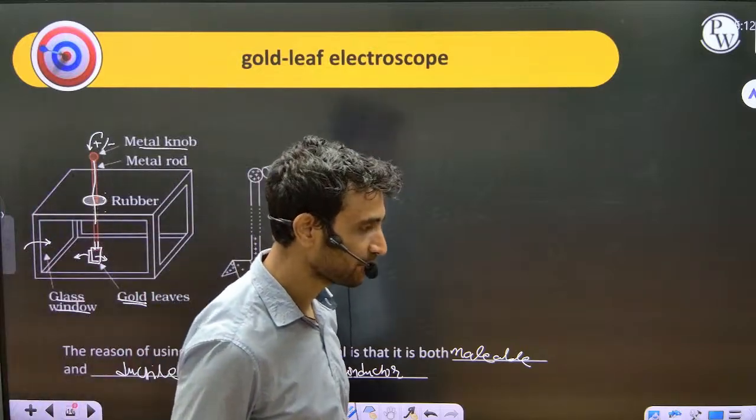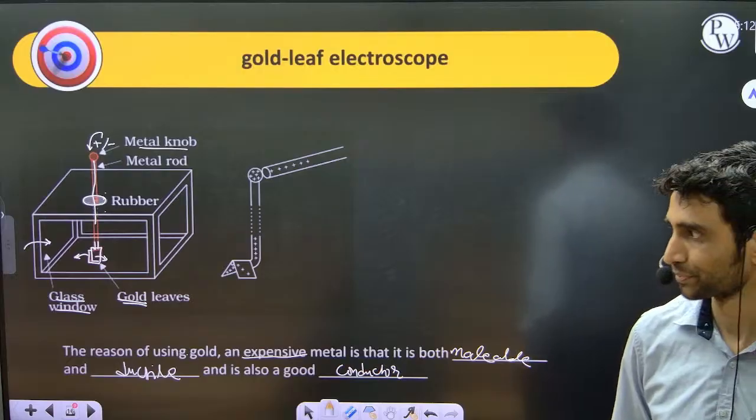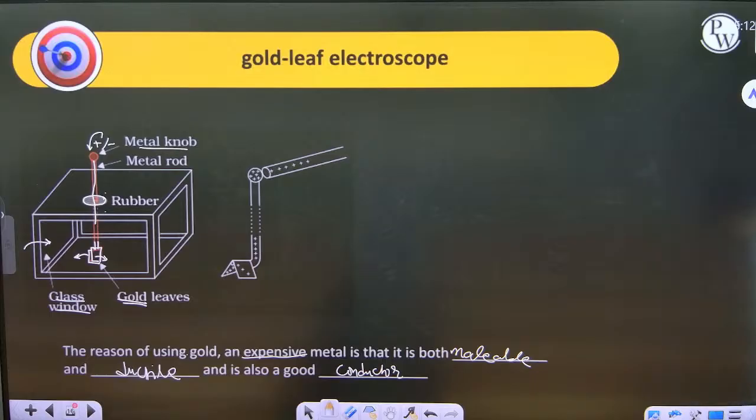Please utilize this time that we give in between slides to make up your notes. Make both the diagrams.